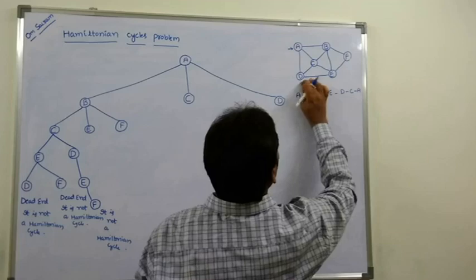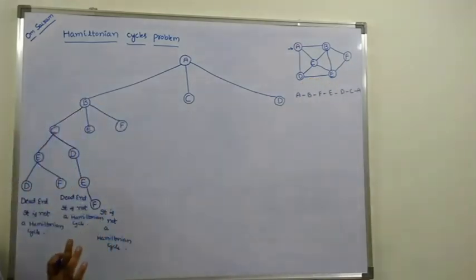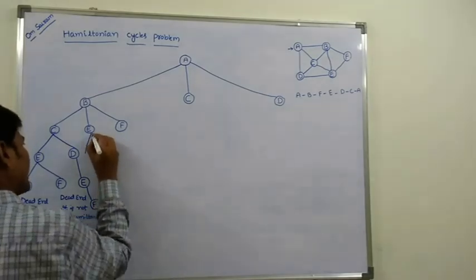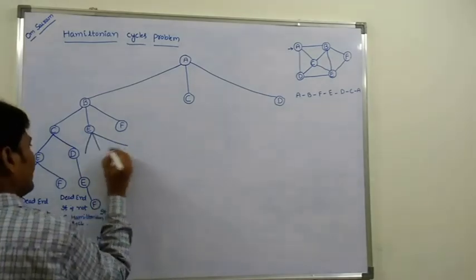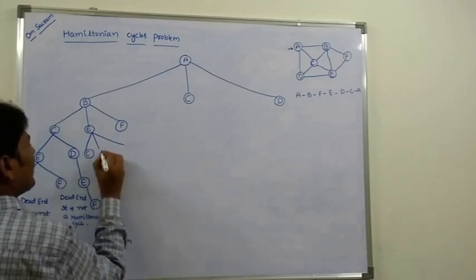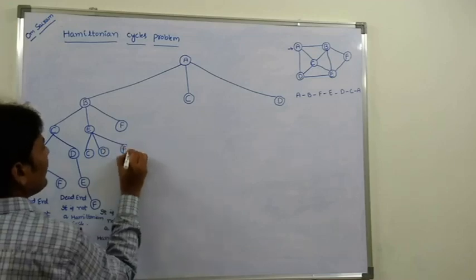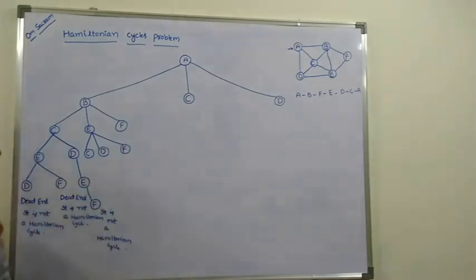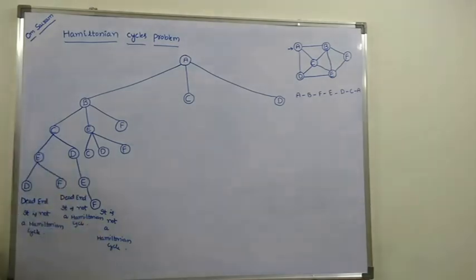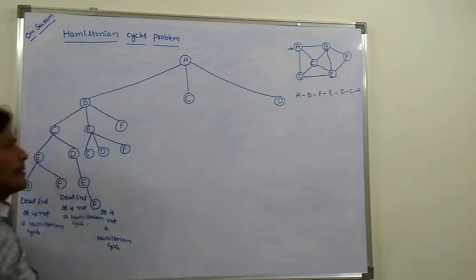So B, C, D, F. So B is completed, only C, D, F are not there. So C, D, F.